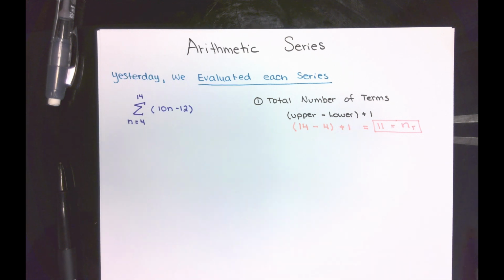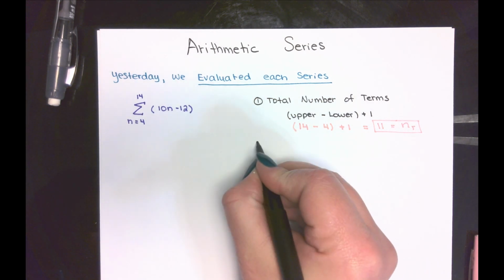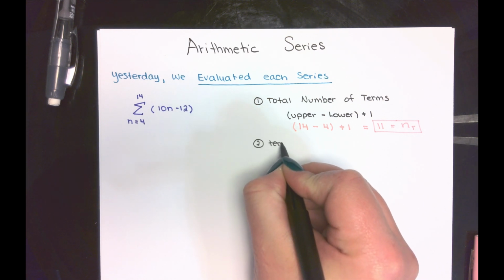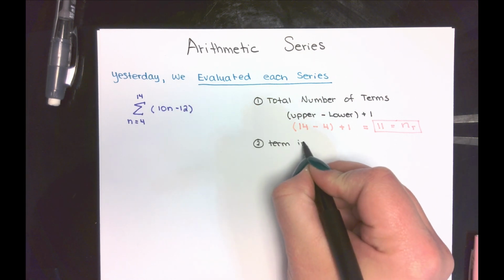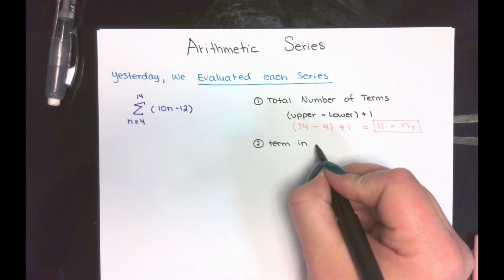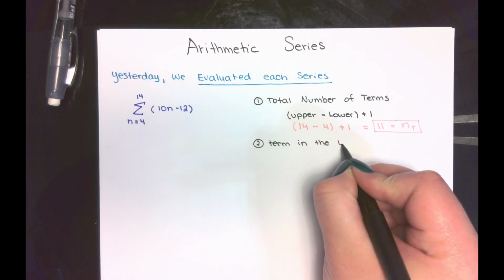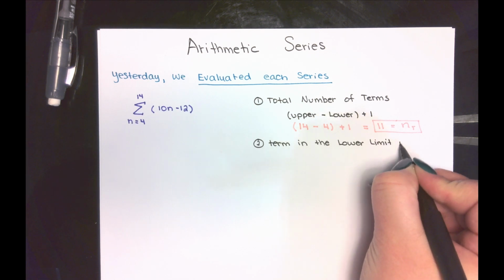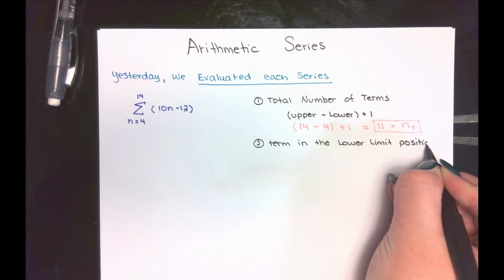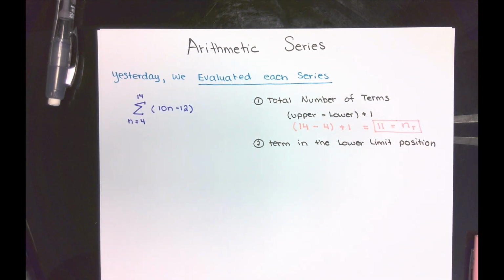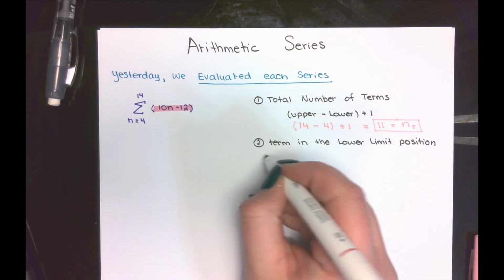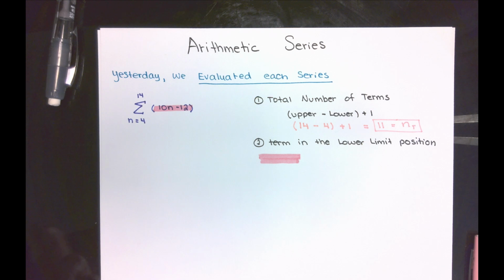All right. Next, I asked you to find the term in the first position. And the term in the first position actually refers to the term in the lower limit position. To find the term in the lower limit position, you're going to take the explicit rule that they give you. You're going to copy it down.